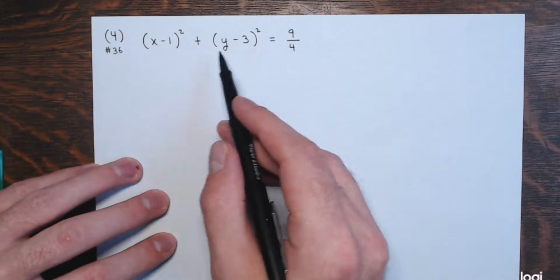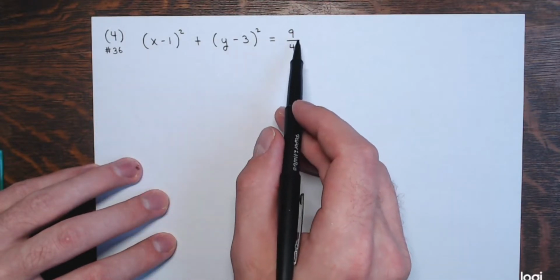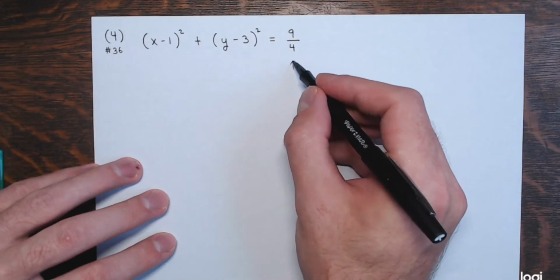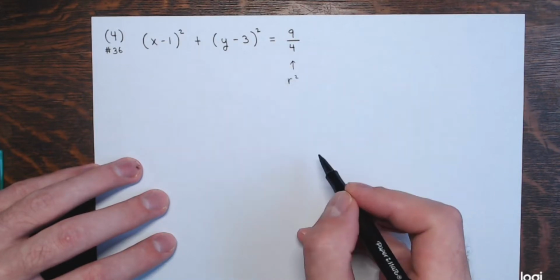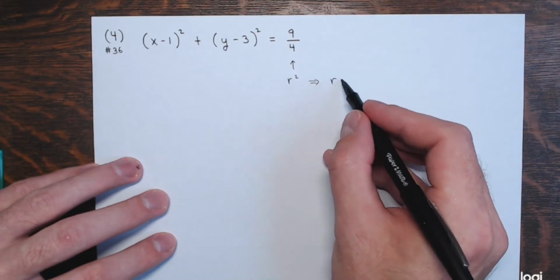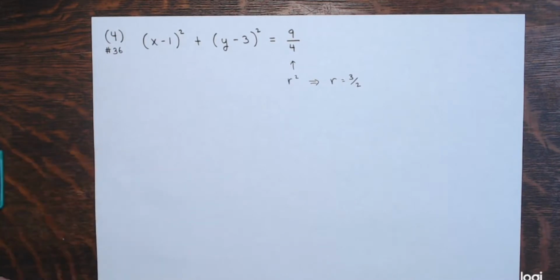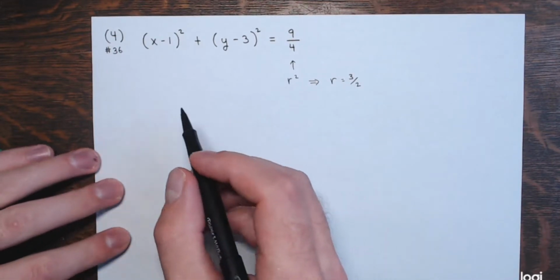And it's already written out the way I want. Difference squared plus difference squared equals, and remember this is the radius squared, 9/4. So the radius would be the positive square root of that, which would be 3/2, 1.5 units.